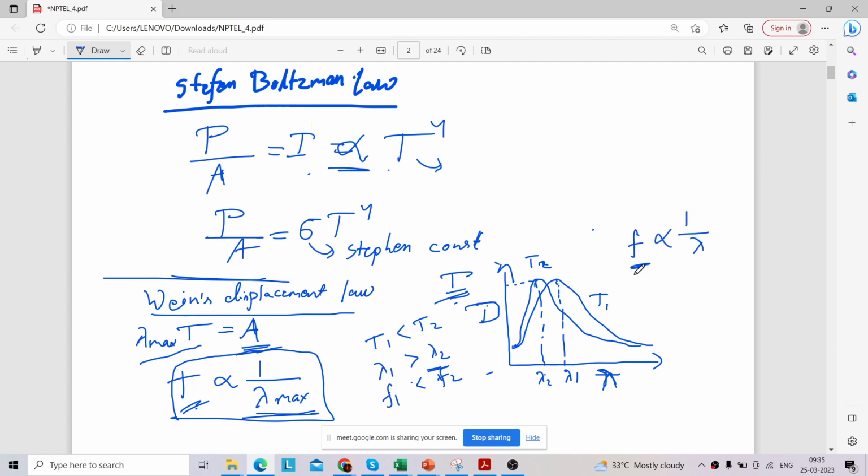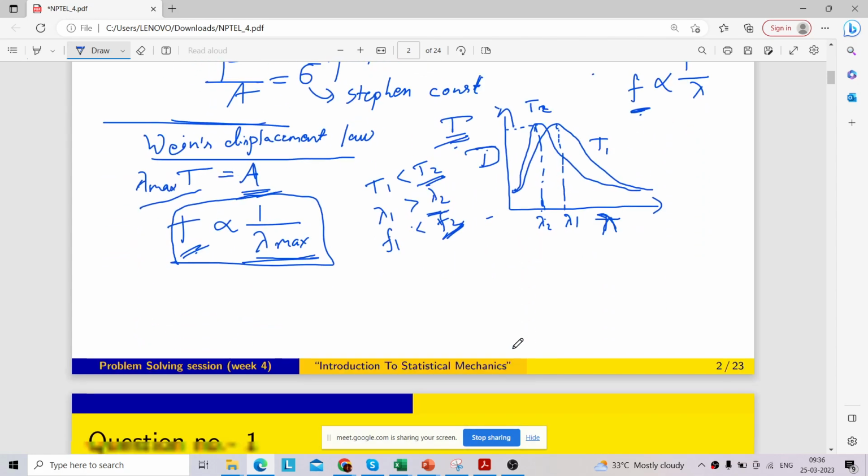So more particles will have higher energy in the higher temperature state. You understood this, right? Okay, let's move on.